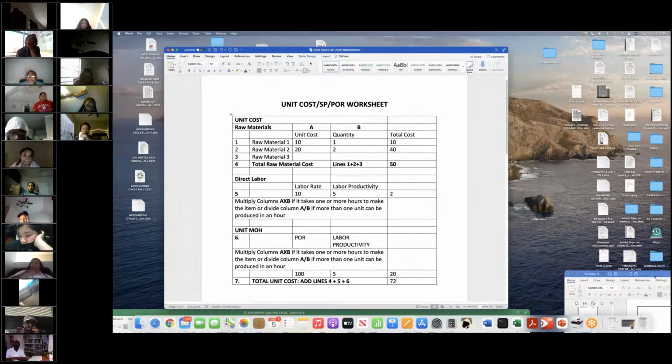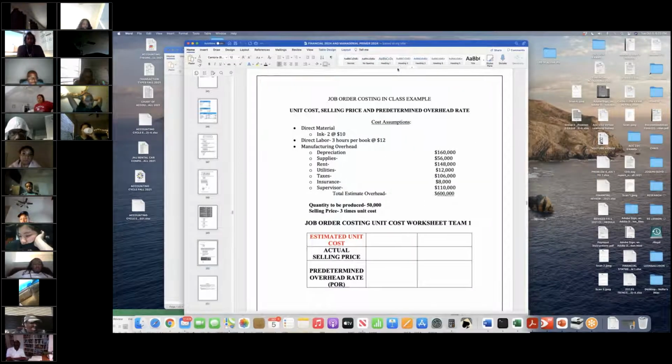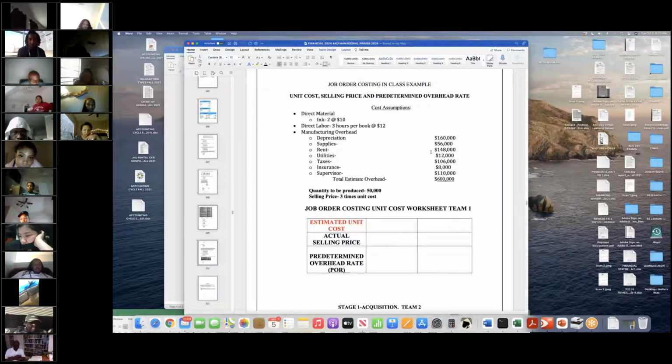Now, let's go to our in-class problem. And notice, what's the first thing you got to do on that in-class problem? What's the first thing you got to do? Calculate the raw material. Well, you got to get the unit cost, selling price, and predetermined overhead rate.